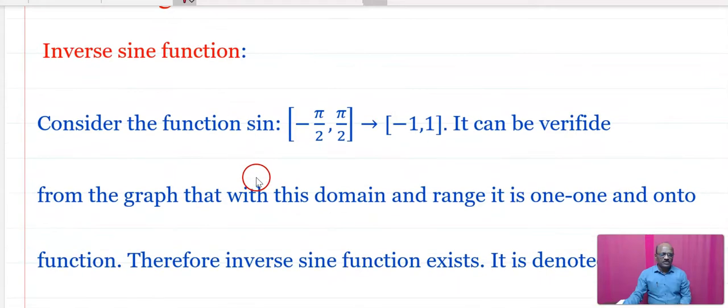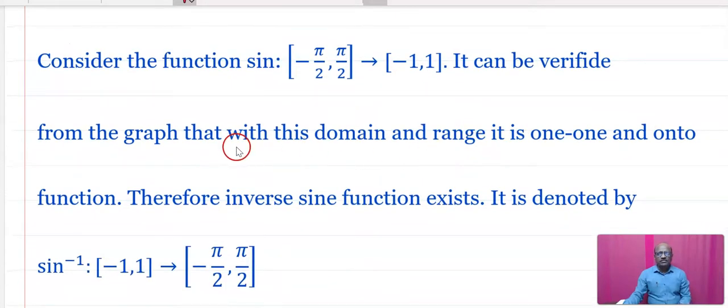Inverse sine function. Consider the function sine from minus pi by 2 to plus pi by 2 to minus 1 to 1. It can be verified from the graph that with this domain and range, it is one-one and onto function, and therefore the inverse sine function exists.